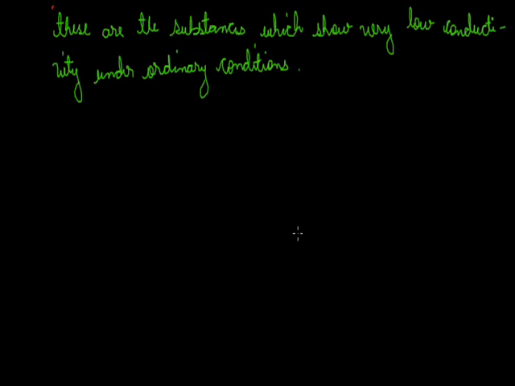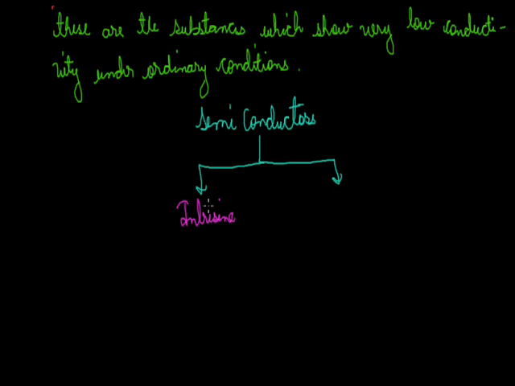In semiconductors, we have two classes of materials: intrinsic semiconductors and extrinsic semiconductors. Intrinsic semiconductors are semiconductors which are pure, for example silicon and germanium.